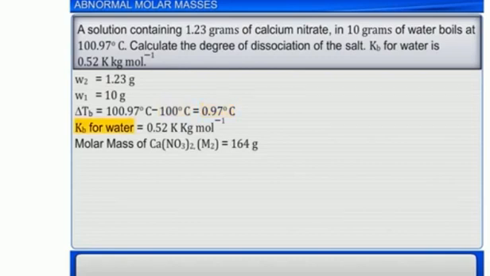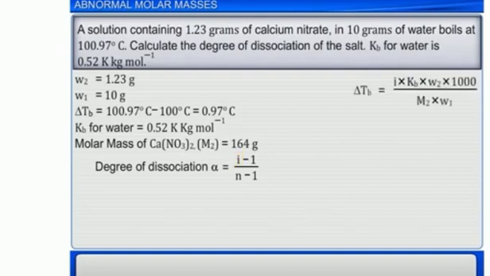Kb for water is 0.52 Kelvin kilogram per mole. Molar mass of calcium nitrate, M2, is equal to 164 grams. The degree of dissociation needs to be calculated. For finding the degree of dissociation of the salt, we first need to calculate van't Hoff's factor, i.